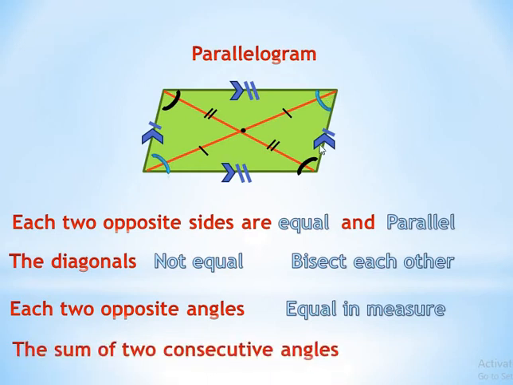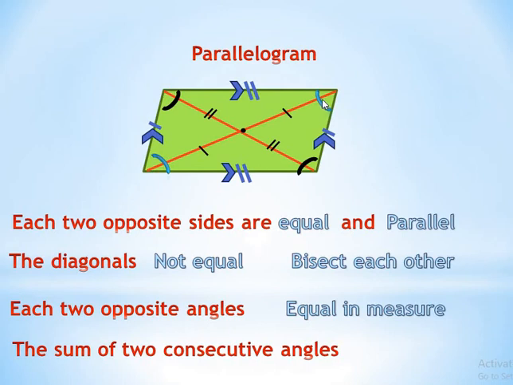These two angles, the blue one and the black one, are not equal. But what is the relation between them? The sum of these two angles, which we call consecutive, is 180. Why do we call these angles consecutive?